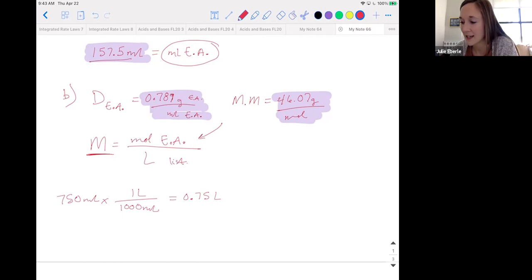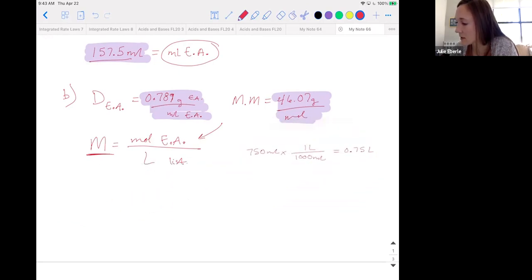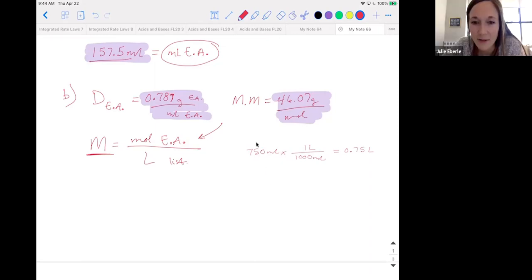What could we do? Any ideas from anybody? I'm going to move this over here so that I leave myself some space. Any ideas where we should start?